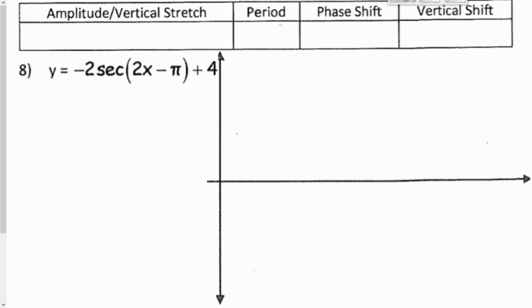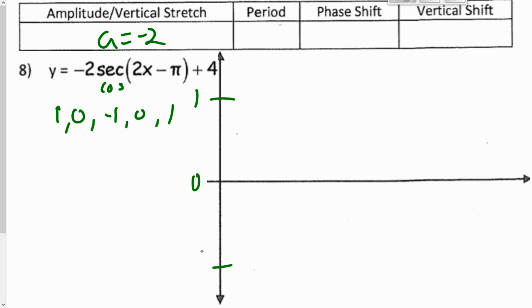So we have part A is negative 2. We're graphing secant, which is basically cosine, right? So the y values would be 1, 0, negative 1, 0, back to 1. But then we're going to multiply by our a, right? So that becomes negative 2.